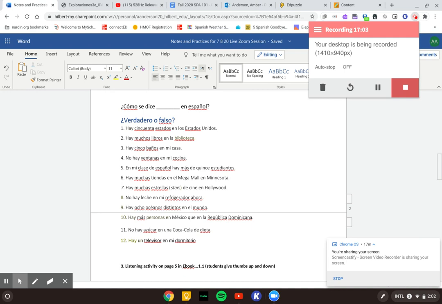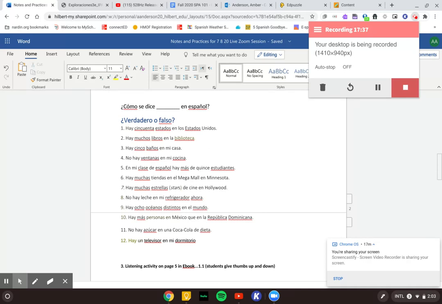Un burro. Un burro es un donkey, so no hay un burro en la clase, so thumbs down on that one. Hay una mochila en la clase de español. Una mochila. Mochila es backpack en inglés. ¿Cómo se dice mochila en inglés? Backpack. So, dedo arriba, thumb up.